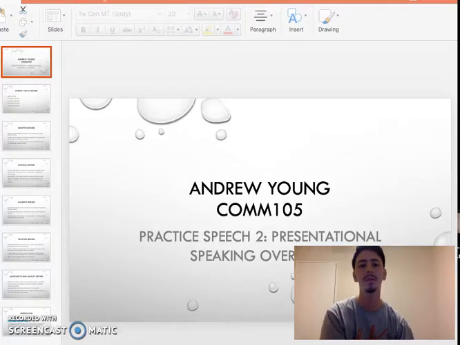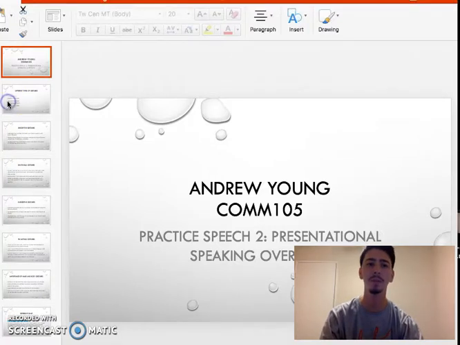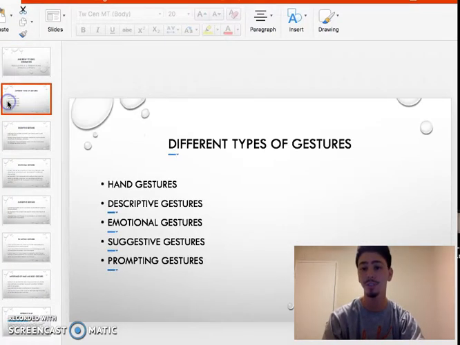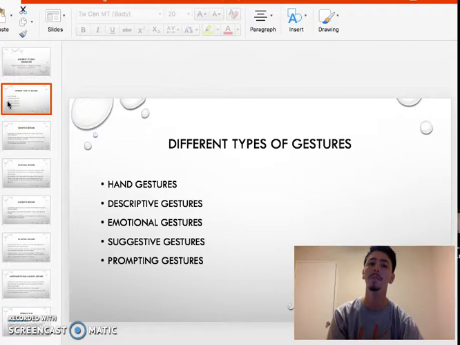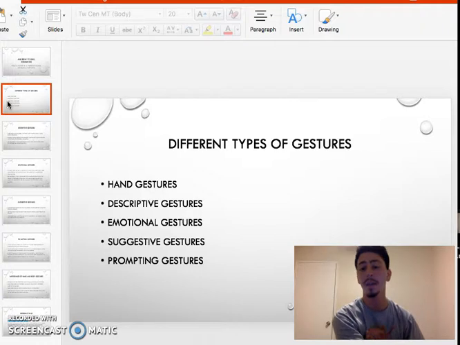It's a presentation, and I'm doing mine about the different types of gestures and body gestures, but just overall gestures in general. So the first thing is hand gestures. The second one that we'll talk about is descriptive gestures. I think that one's one of my favorites. And next is emotional gestures.